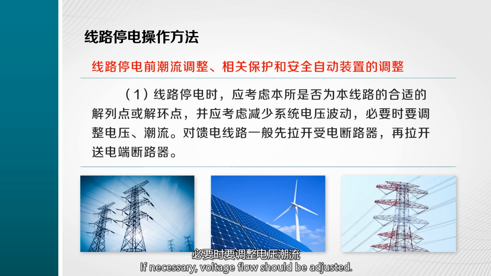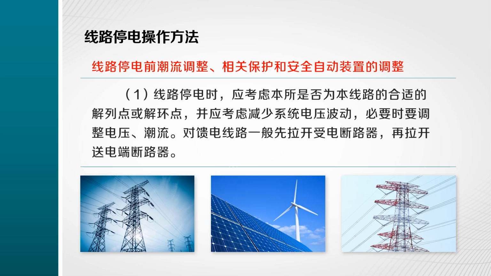If necessary, voltage flow should be adjusted. For the feeder line, the circuit breaker at the receiving end should be opened first, and then the circuit breaker at the transmitting end should be opened.